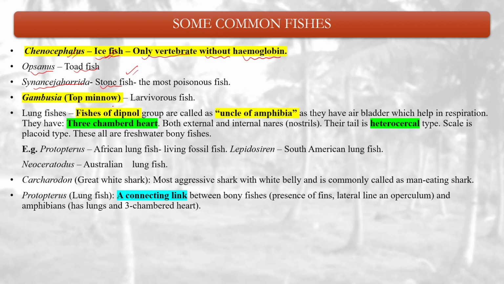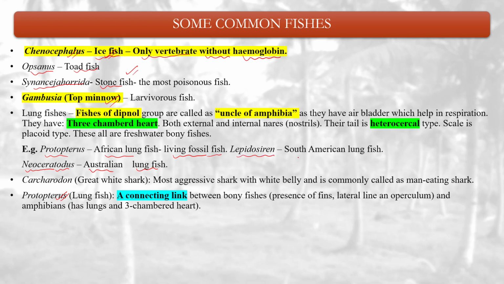Gambusia, larvivorous fish. Lungfish are of different types. Protopterus is the African lungfish, a living fossil fish.